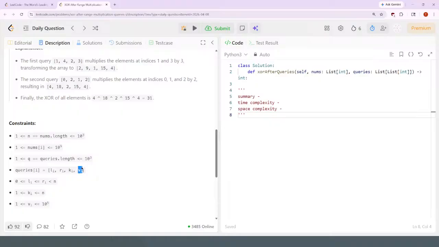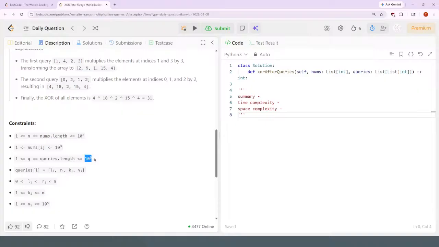But this K thing makes it so that the ranges have gaps in them, which makes it so I might want to just actually do each query range.